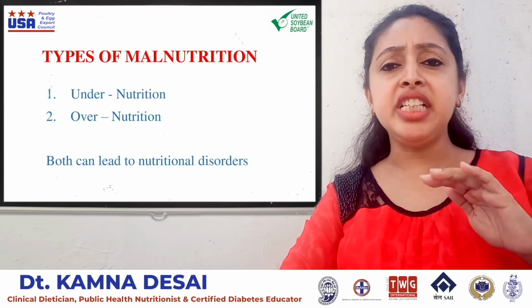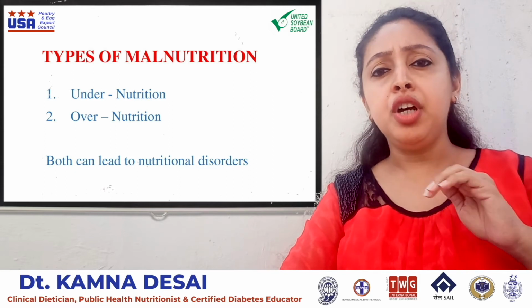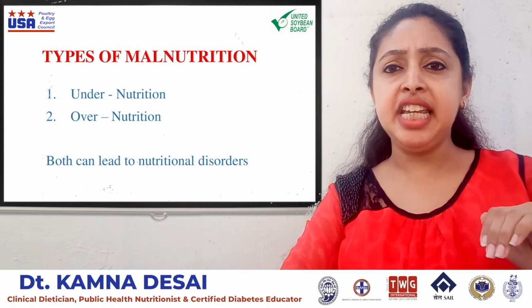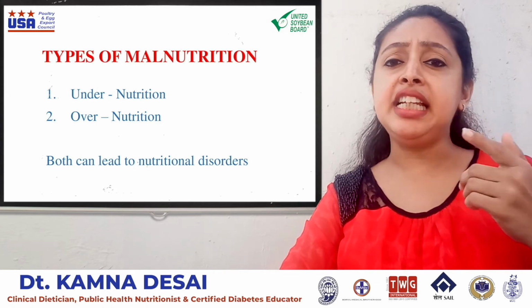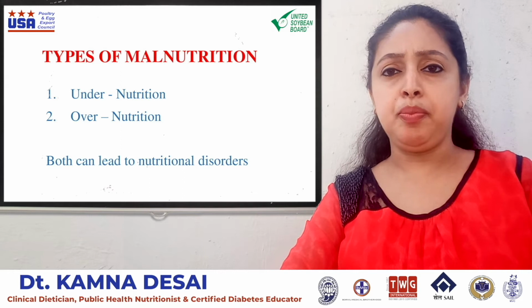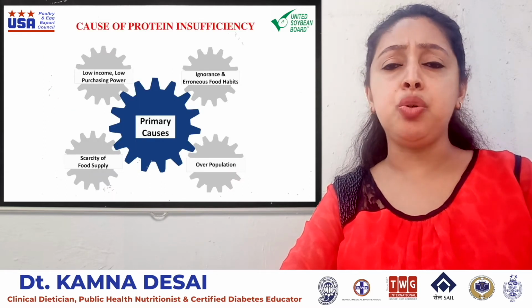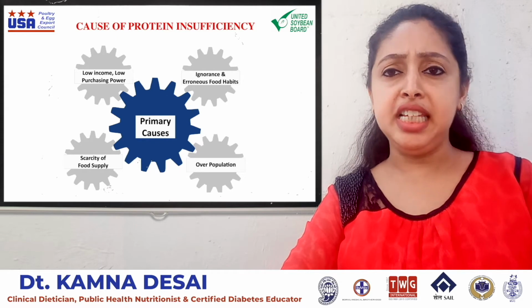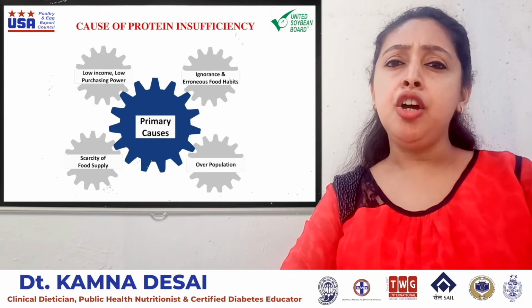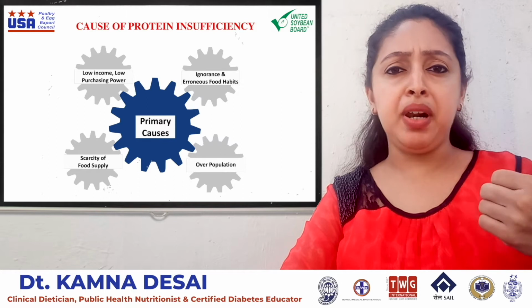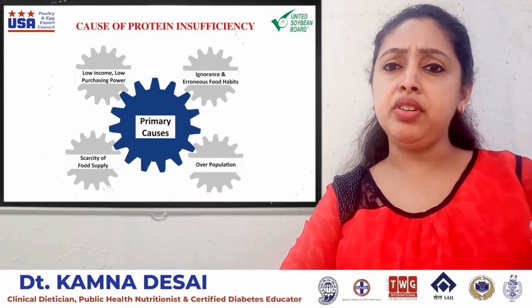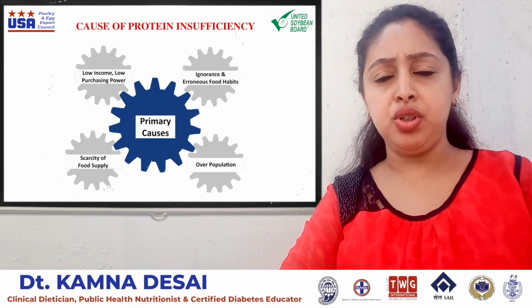So when the body's equilibrium of requirement versus intake is disturbed, it can lead to malnutrition. In the next two slides, I'll be discussing the causes of protein insufficiency. First I'll be discussing the primary causes, and then I'll be taking up the secondary causes.